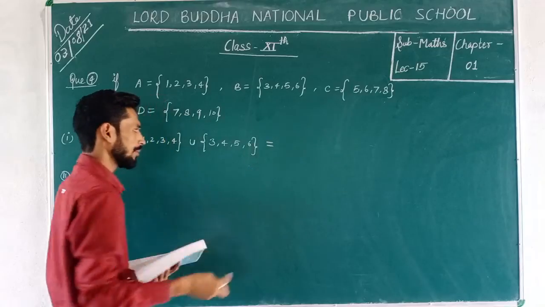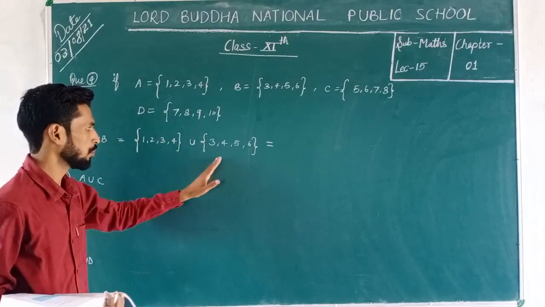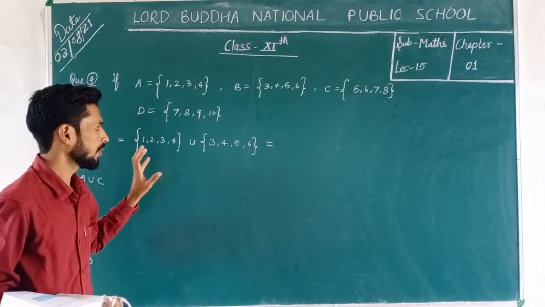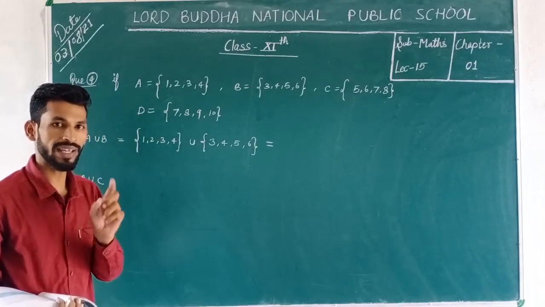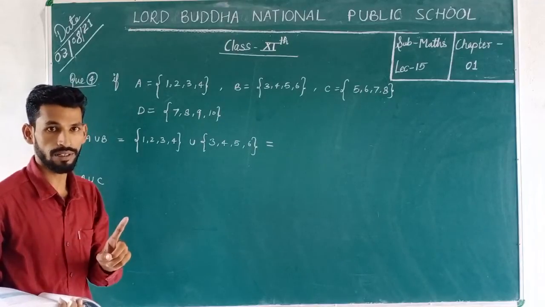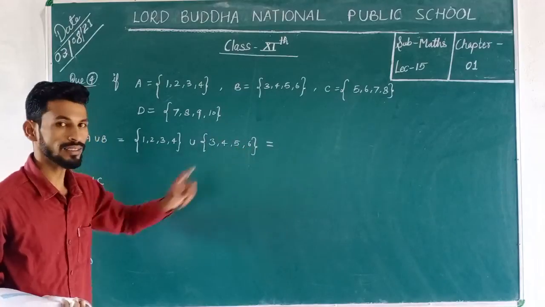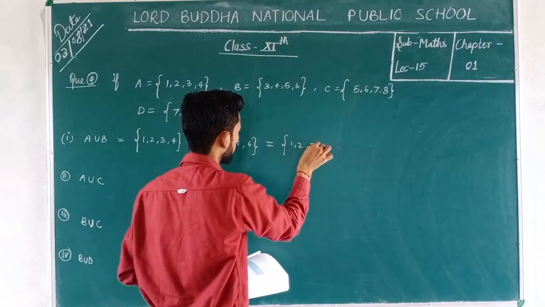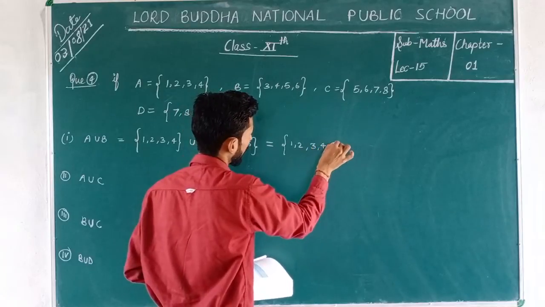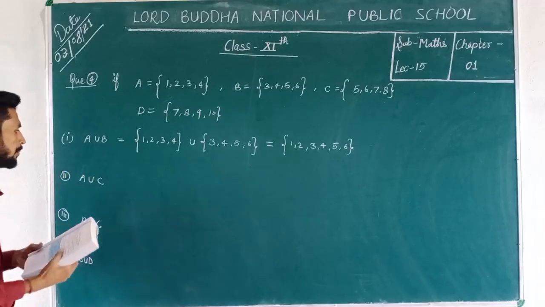So the answer will include the elements of both sets, and the common elements we will write only one time because there should not be any repetition of a single element. So 1, 2, 3, 4, 5 and 6. This is the answer for A union B.